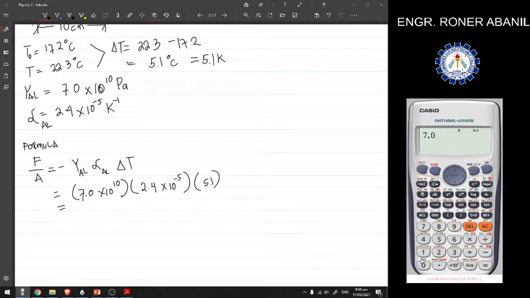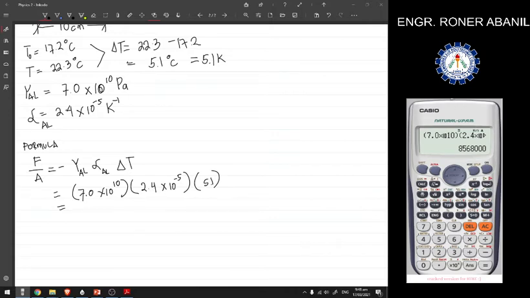Seven point zero times 10 raised to 10, tapos 2.4 times 10 raised to negative 5, multiply by 5.1.